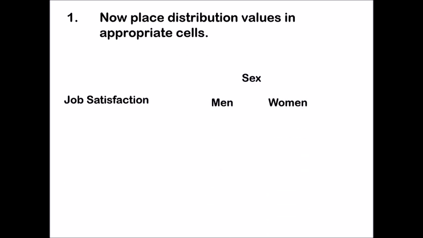And the attributes for sex are men and women, and job satisfaction is our dependent variable, and the attributes are high and low. So this task involves now placing the numbers or the values in appropriate cells.